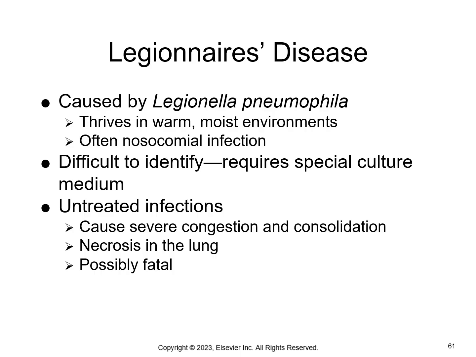It can happen in hospitals, institutions, or other places that fit this criteria, especially among those that have any sort of other lung disease. It's hard to identify. It requires a special type of culture. And if it's not treated, it can lead to severe congestion, consolidation, necrosis in the lungs, and it can be fatal.